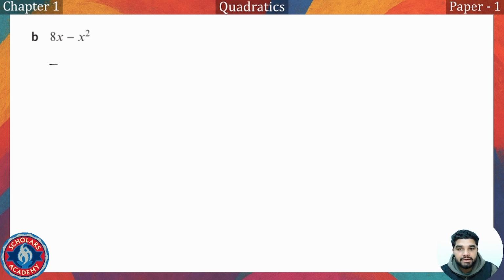Next question is this. Again, we'll take negative out. So we get negative of x square plus 8x. b is half of 2b, that is half of this 8. It means 4. b square is 16.